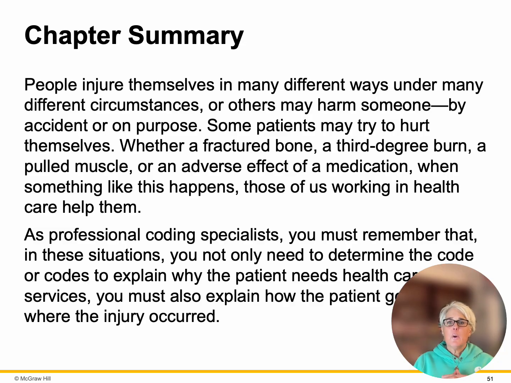Injury or poisoning codes require you to think beyond a single code and really think outside of the box, because you're telling a complete story of what happened, of how, where, and under what circumstances this patient was in. Whether you're dealing with fractures, burns, adverse effects from drugs, or abuse, accurate coding supports patient safety, quality reporting, and appropriate reimbursement.